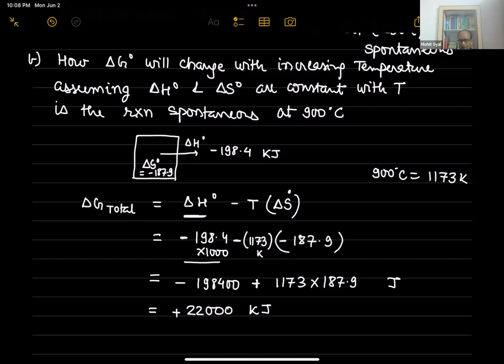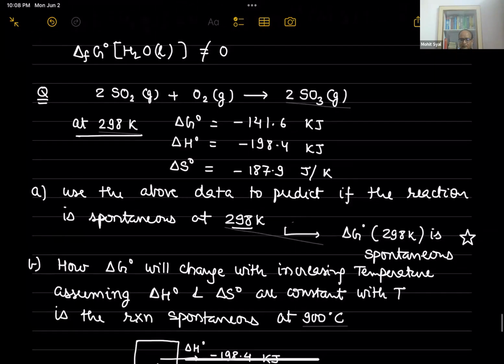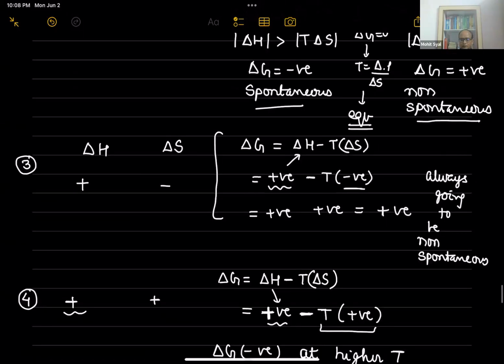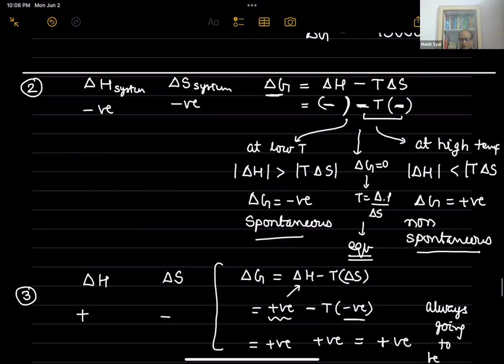Delta H is negative, delta S is negative. So let's get back to our discussion. Delta H is negative, delta S is negative. So these reactions are favorable at low temperature and unfavorable at a very high temperature.